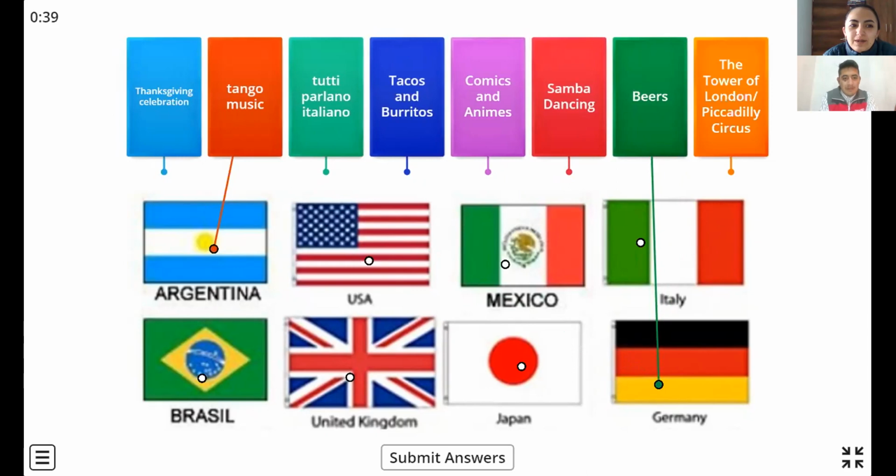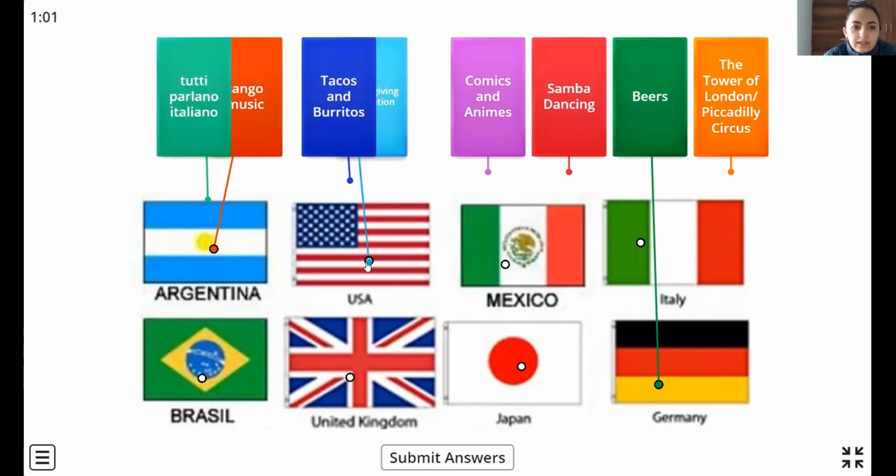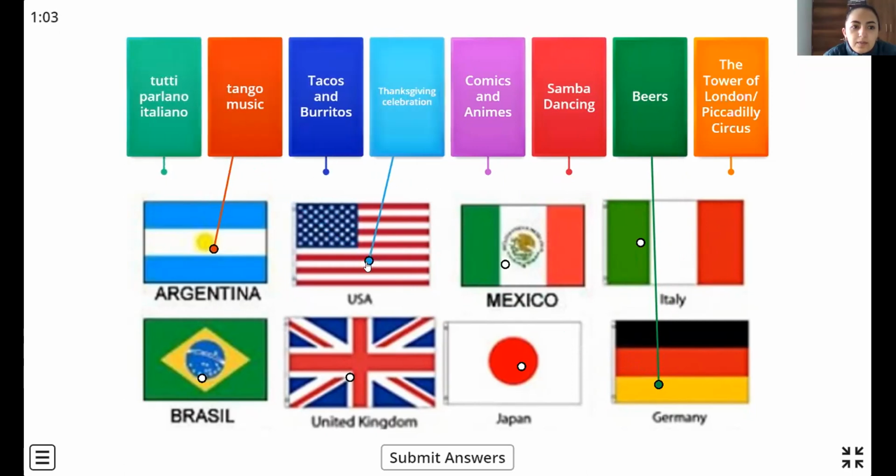So what about Thanksgiving celebration? Do you know where should it go? Thanksgiving. El Día de Acción de Gracias. Where should it go? Estados Unidos, teacher. United States, teacher. Yes, thank you, guys. What about tutti parlano italiano?